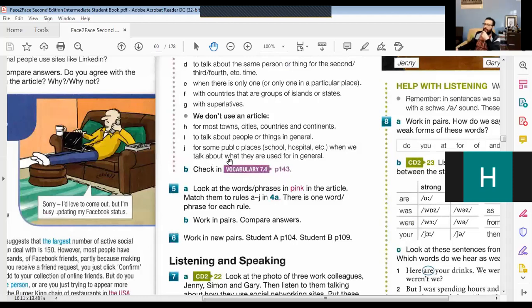So here we're talking about a public place, but there's a condition here when we talk about what they are used for in general. So if you say, for example, many children hate going to school, here we don't mean the problem is with the building. We're talking about the issue that students don't like to study. Children don't like to study.